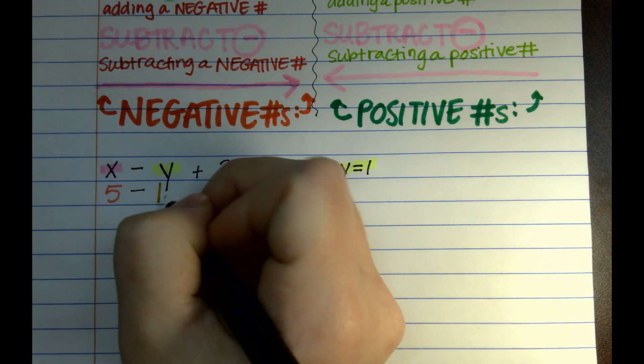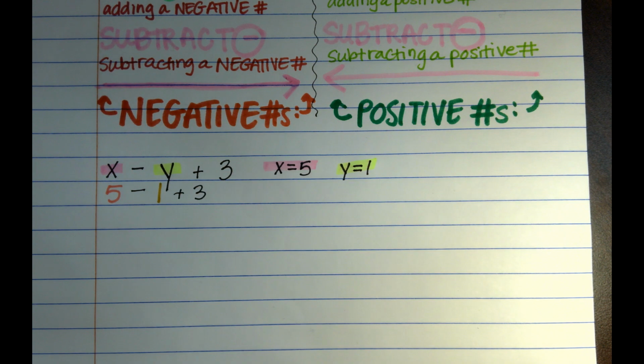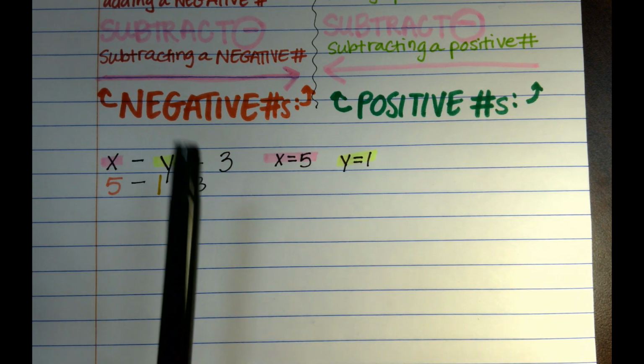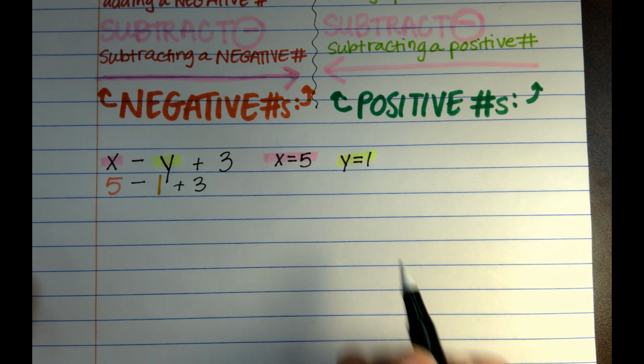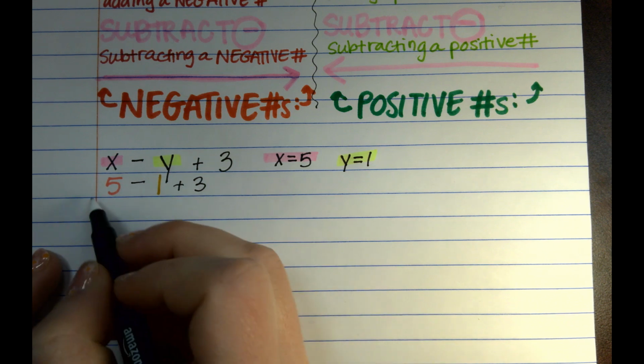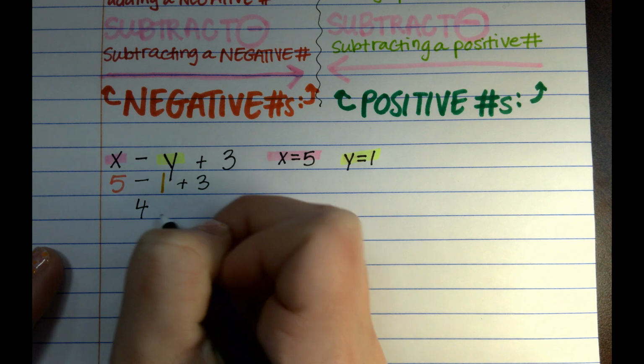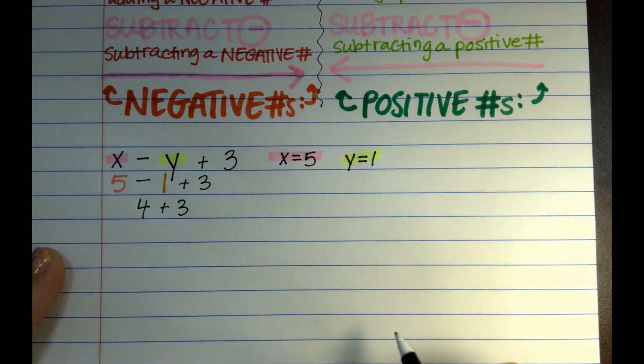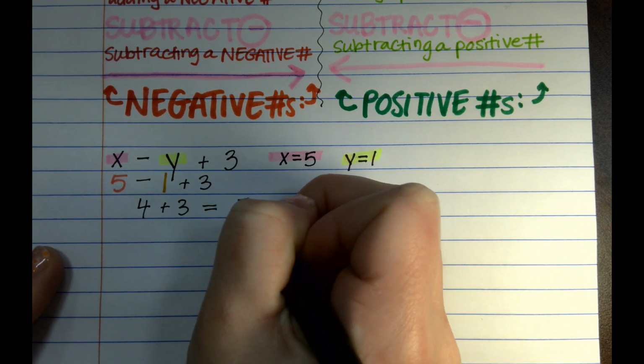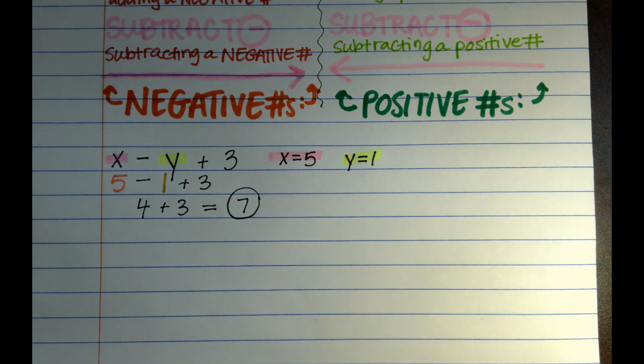Plus 3. So what do we do first? 5 minus 1 is 4. Good. We still have plus 3. 7. Yes. Perfect.